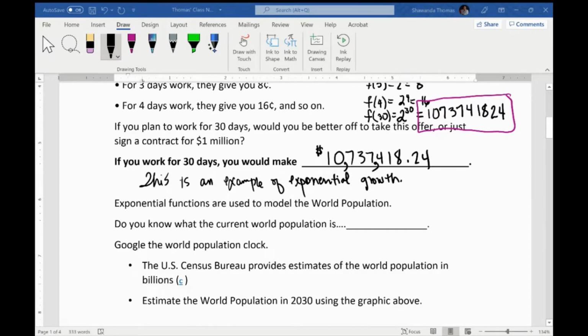Hey, Dr. Thomas. Can you tell me how to put another number in on the scientific calculator? It's just like a scientific calculator. How do I put in, like we did, 2 to the 30th power? Do you see y to the x or x to the y? No, ma'am. Can you share your video really quick and show me your calculator?